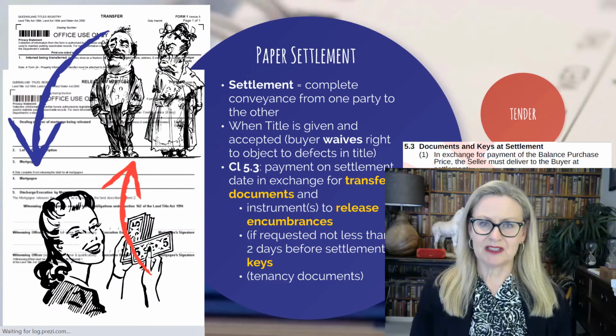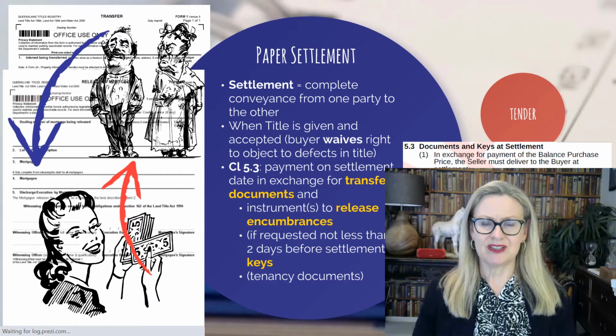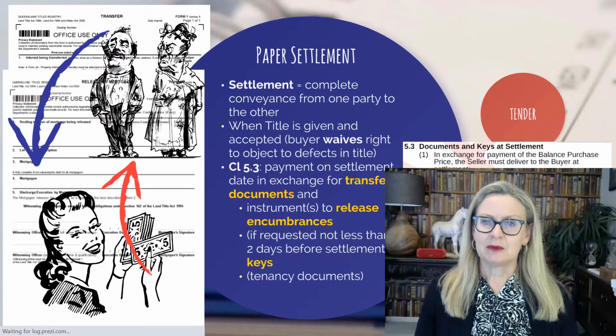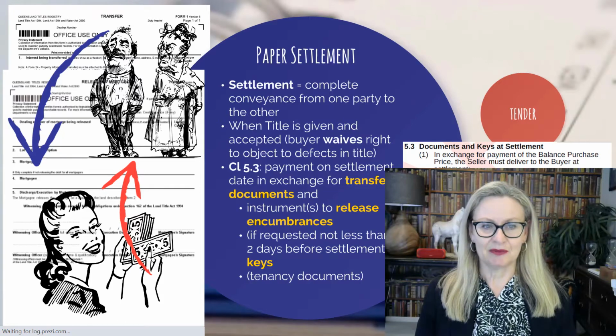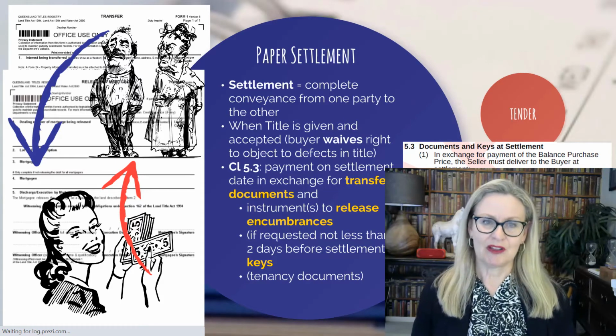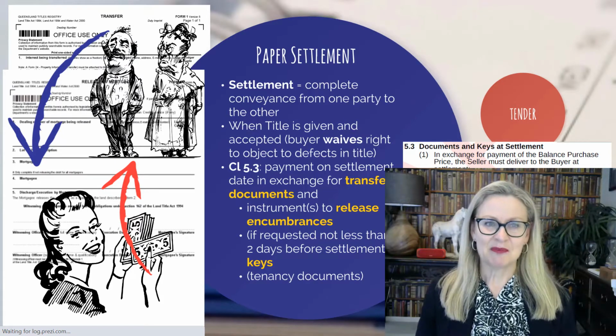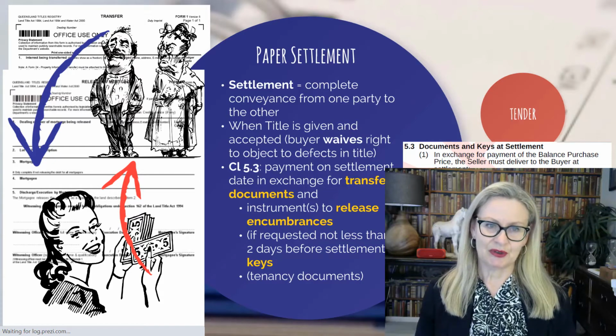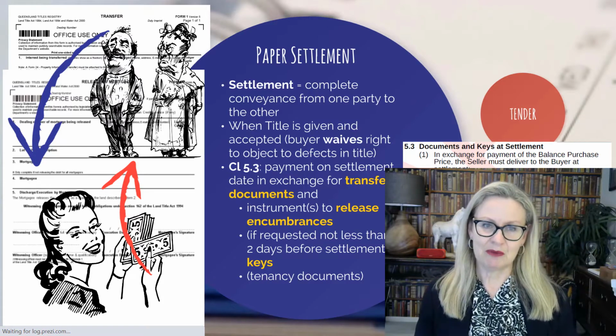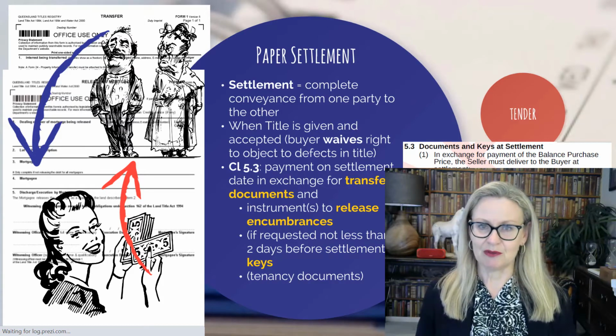What is settlement in an overall sense? It is where there is a complete conveyance from one party to the other. So as you can see there, in my little diagram, I've got the rather smug looking seller with the rather unhappy wife transferring over their transfer form to the rather happy buyer who's handing over her money.